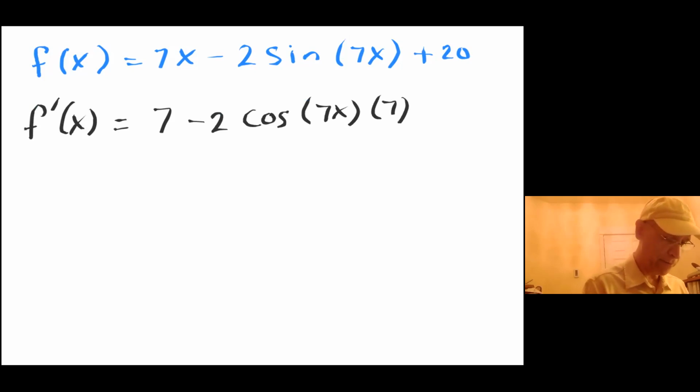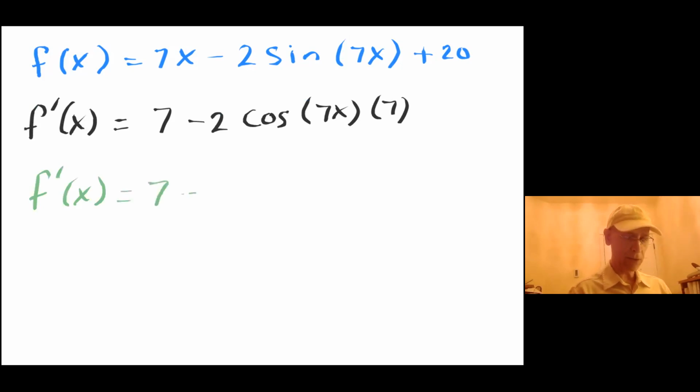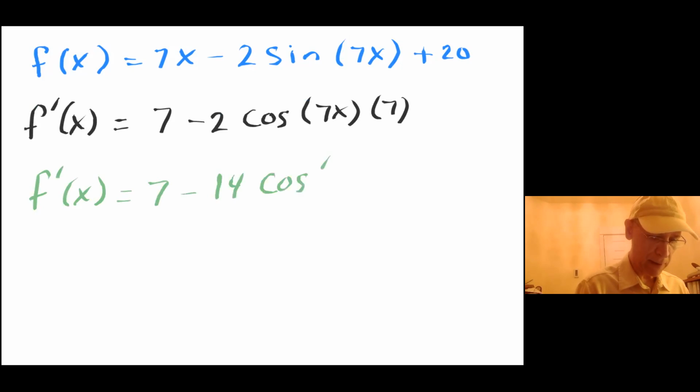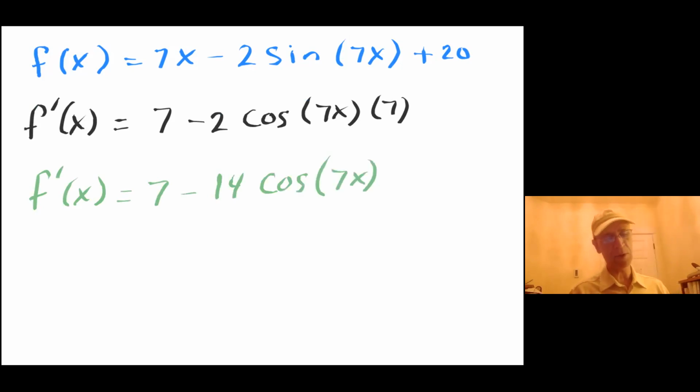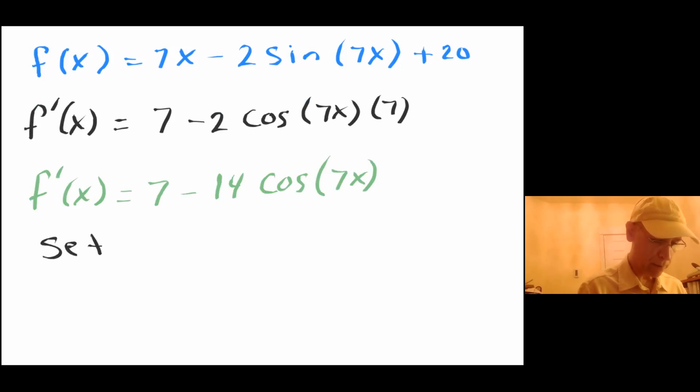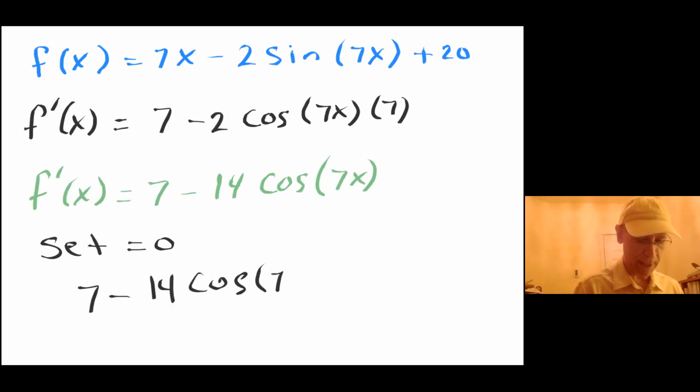And so f prime of x equals 7 minus, I do have 7 times 2 is 14, cosine of 7x is my derivative. So let's set that equal to 0. So I get 7 minus 14 cosine of 7x equals 0.